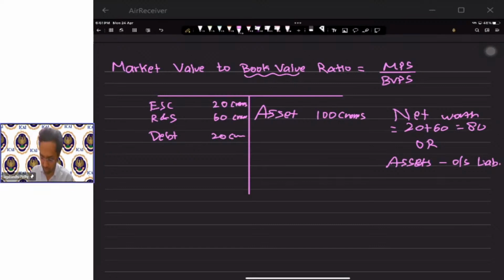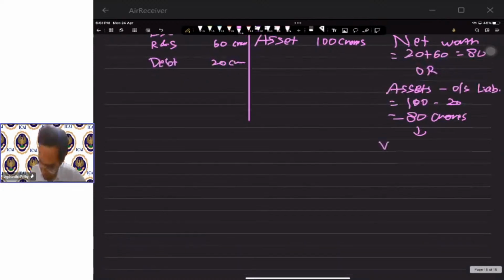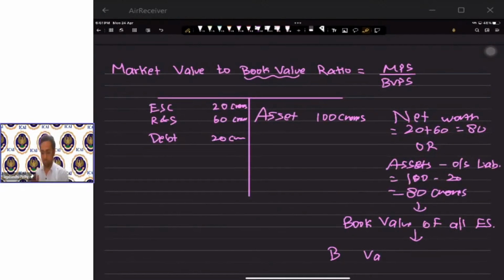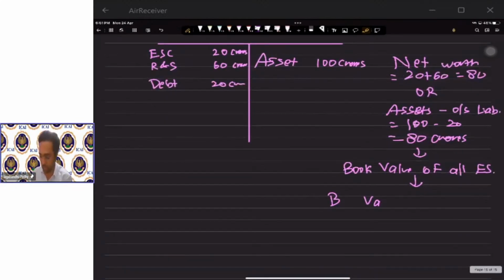So when you say outside liabilities, that's 100 minus 20, which is 80. So 80 crores is the value of all equity shares, right? This is basically the book value. I'm not talking about the market value. In the books of accounts, all the equity shares are having a value of 80.